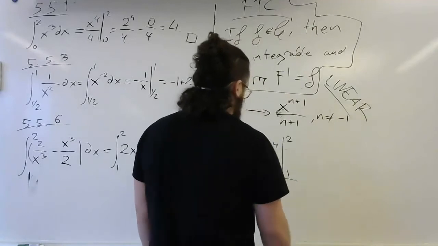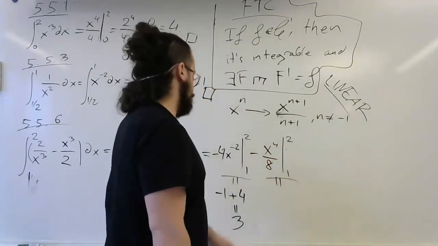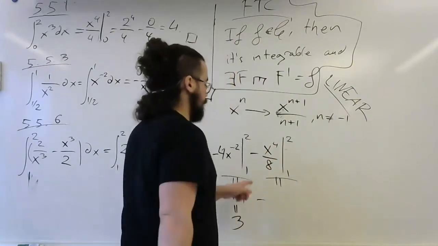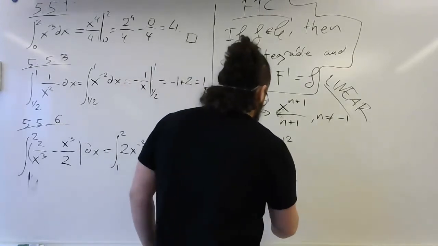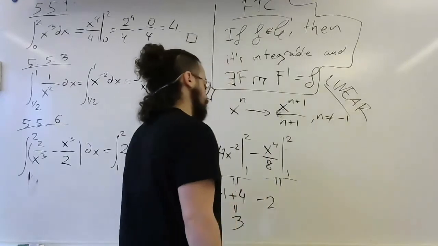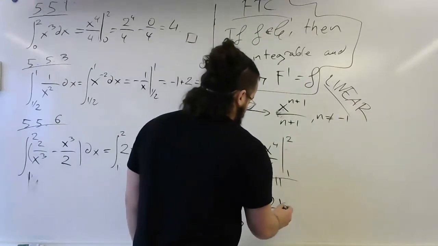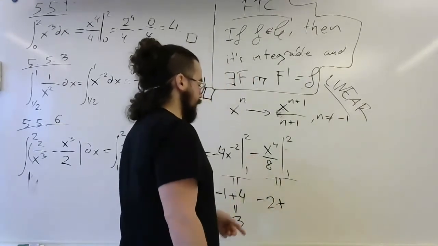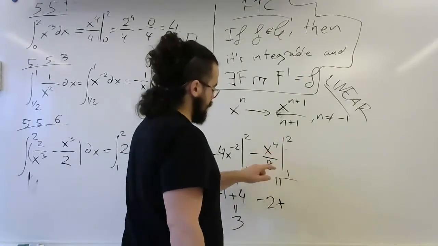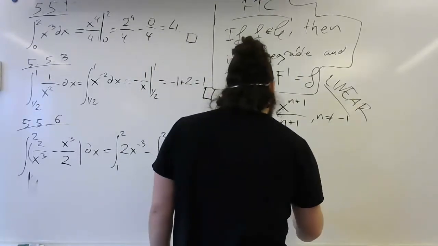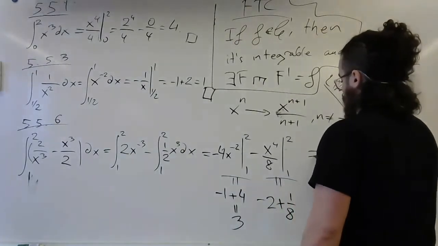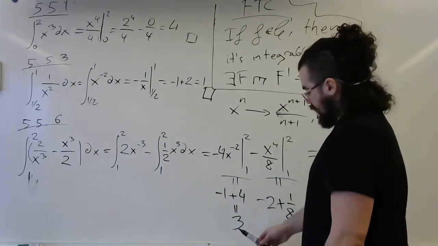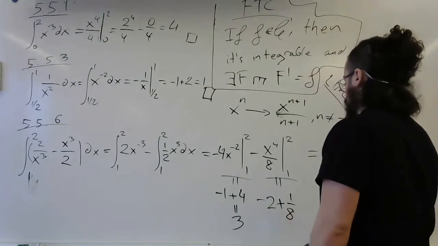And here, evaluating 2, we have minus 2 to the power 4, 16 divided by 8, 2 minus with this minus plus 1 over 8. So this thing in the end is 3 minus 2 plus 1 over 8.